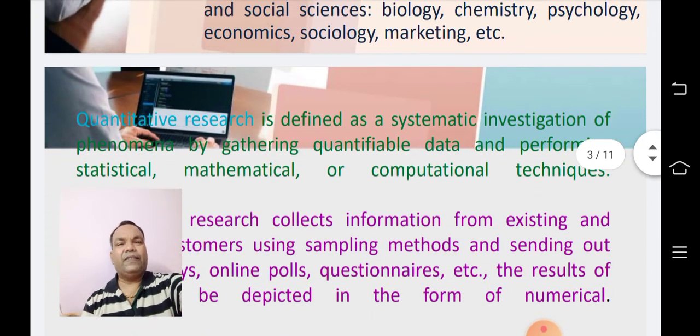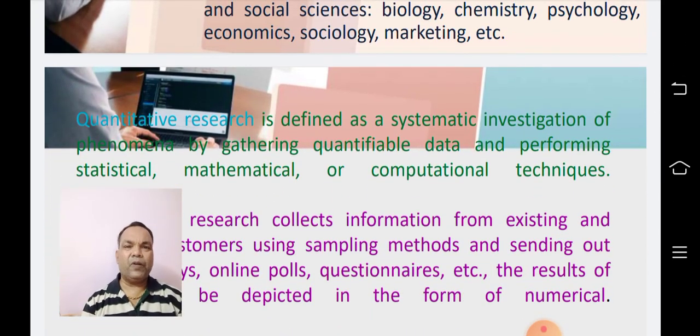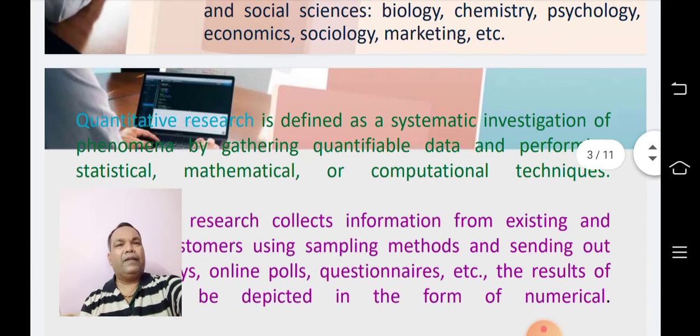As far as the definition of quantitative research is concerned, quantitative research may be defined as a systematic investigation of gathering, quantifying quantifiable data, and performing statistical, mathematical, or computational techniques.